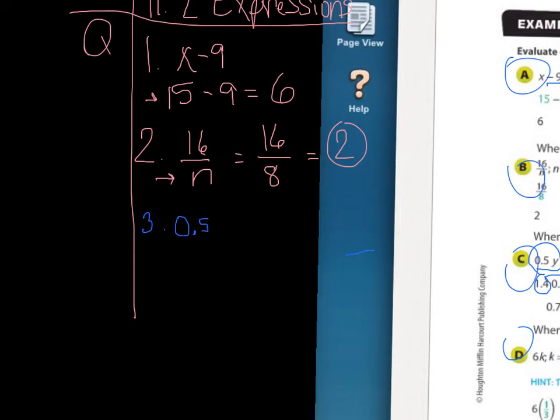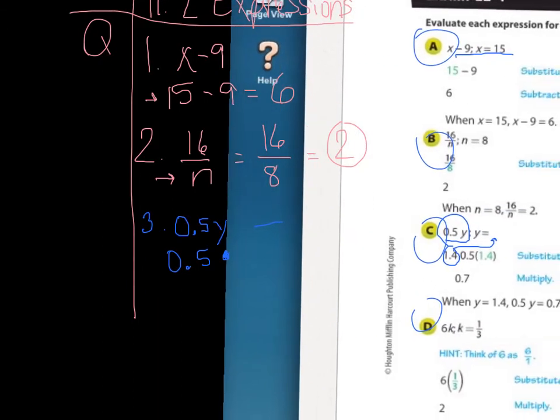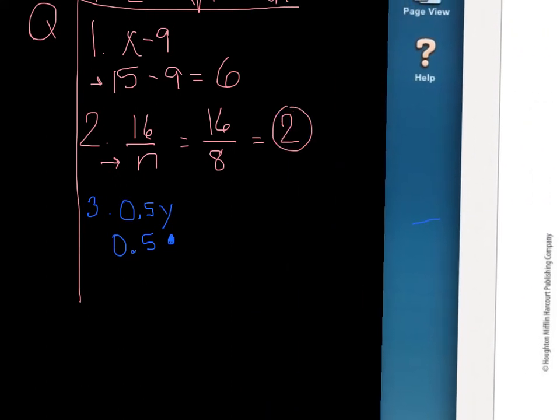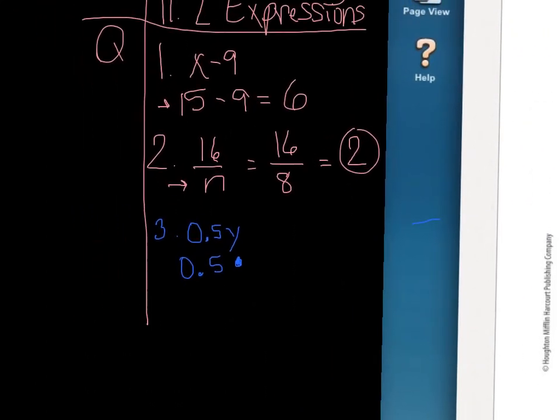So 5/10 y means you are going to multiply 5/10 times whatever y is. What was y? It was 1 4/10. So 5/10 times 1 4/10.